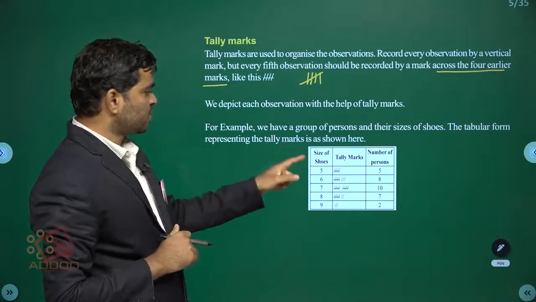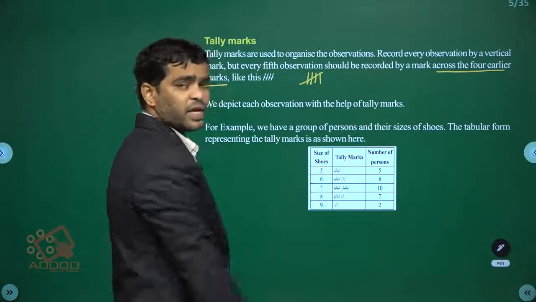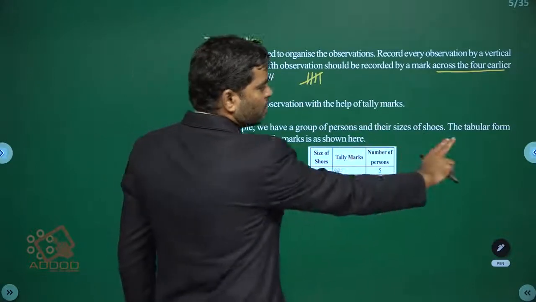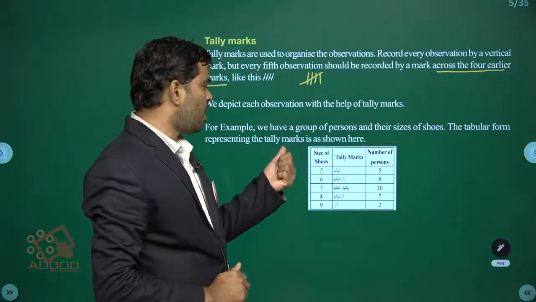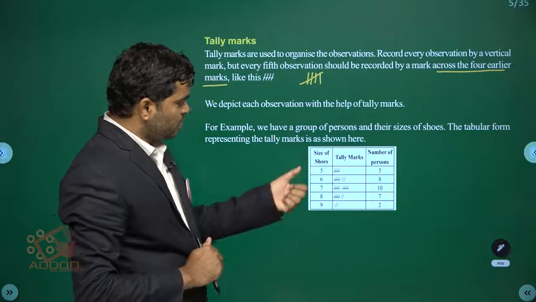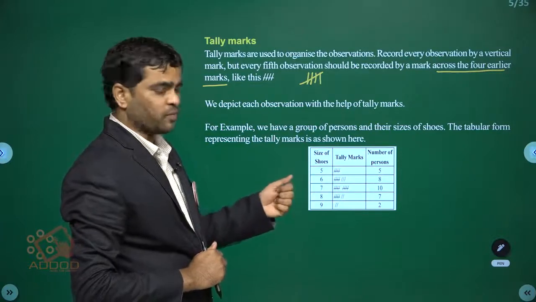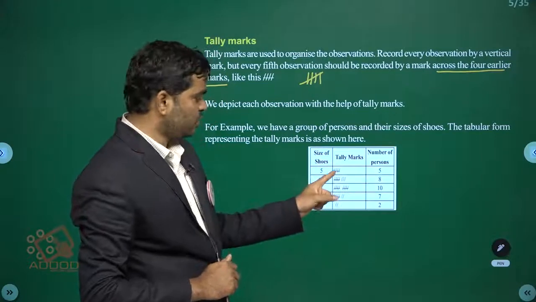For example, you can see here we have a group of persons and their shoe sizes. The tabular form representing the tally marks is as shown below. Shoe size 5: there are 5 students, so in total you have 5.